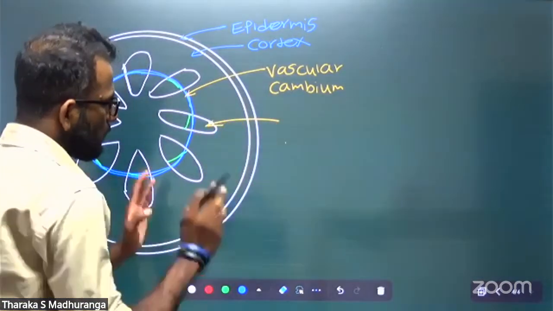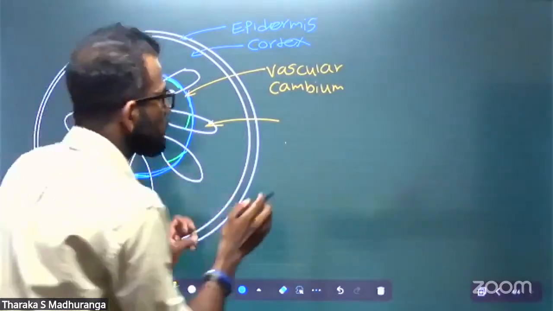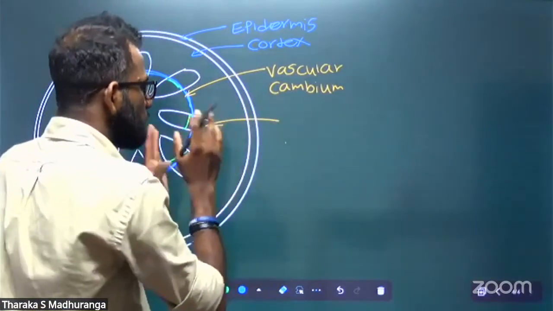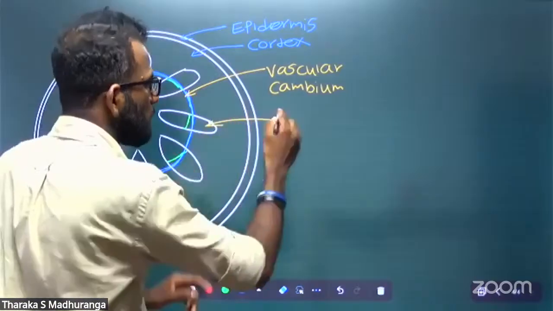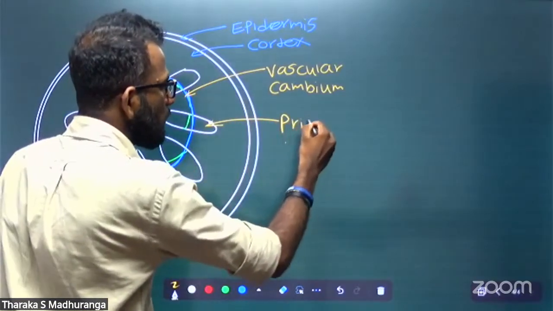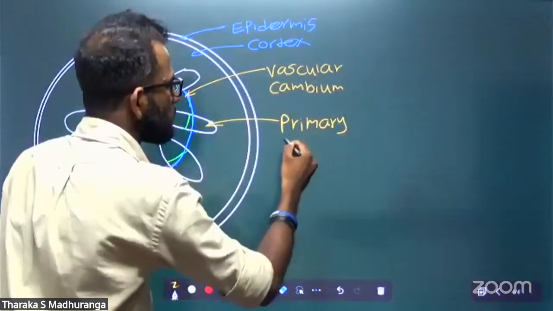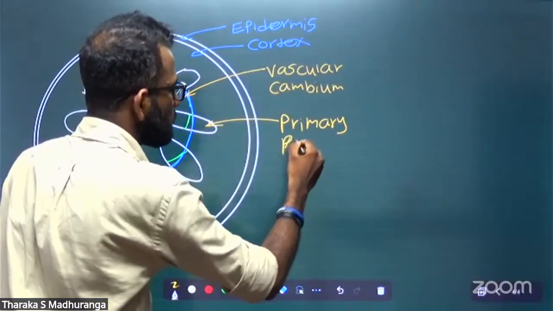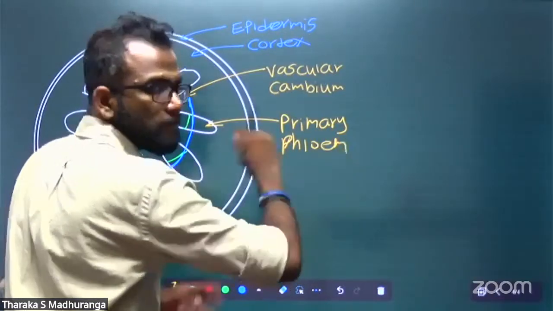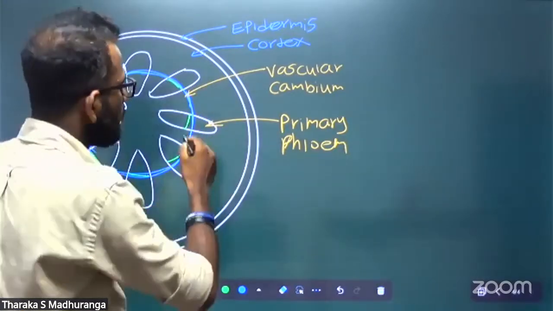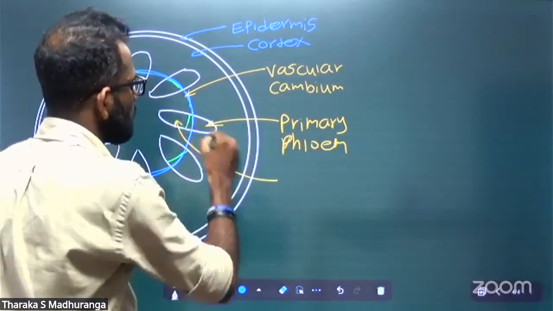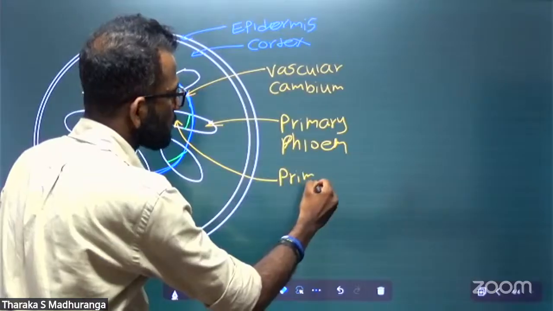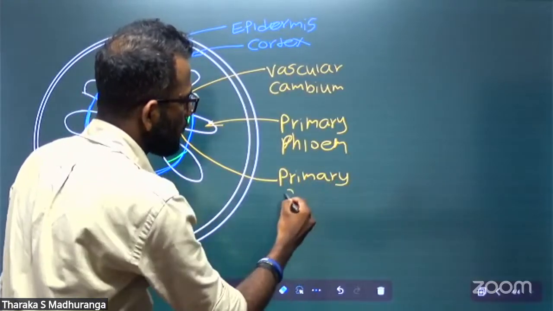Now we call it primary xylem, because it is still the primary structure, not secondary. Outside is phloem, inside is primary xylem.